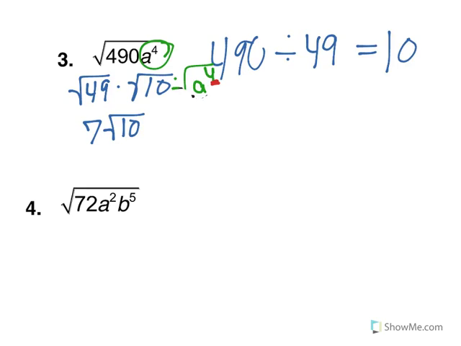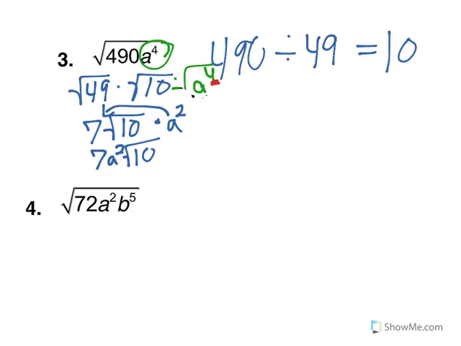So that means I'm also going to be able to have the square root, I don't have an A anymore. I said I take them all out in this case. So I just have A squared. Well, I don't want to leave this just off at the back because it's not under a radical anymore, so I need to move it to the front, but after my constant. So I'm going to have 7A squared square root of 10.